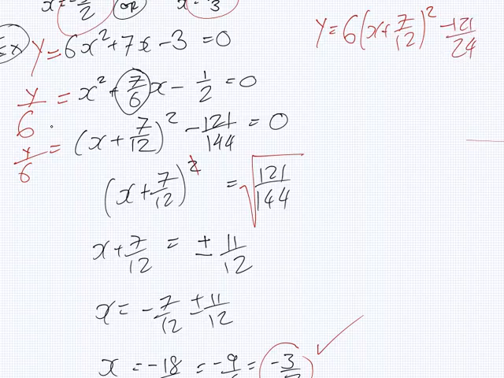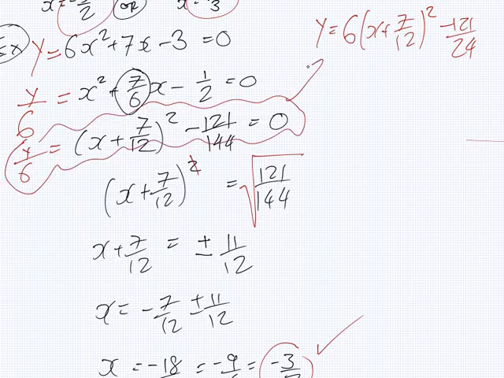From here to here, what did I do? I multiplied by 6, because I want the y, not y over 6. This is what I did last time.